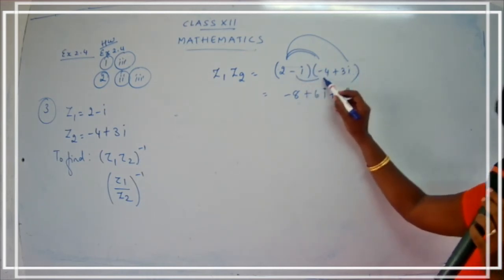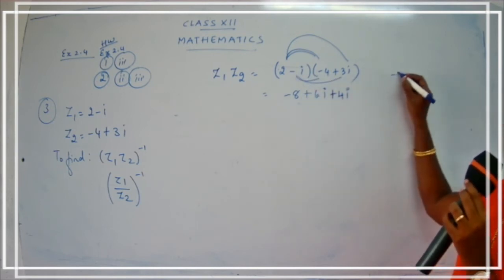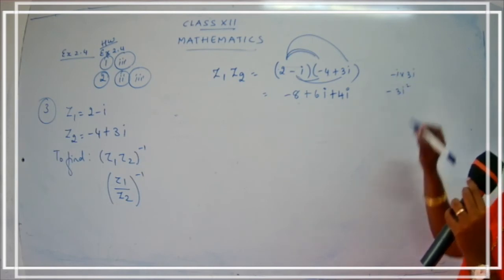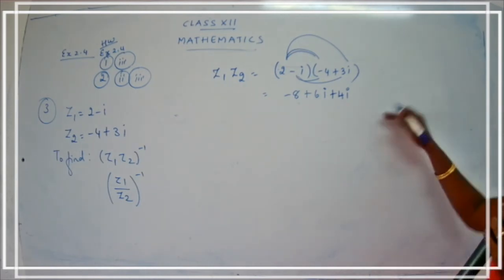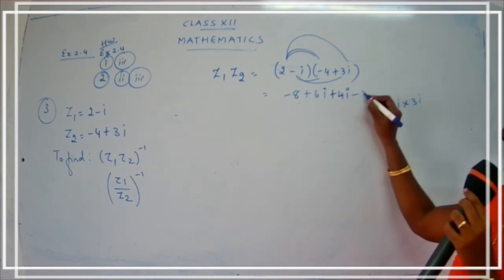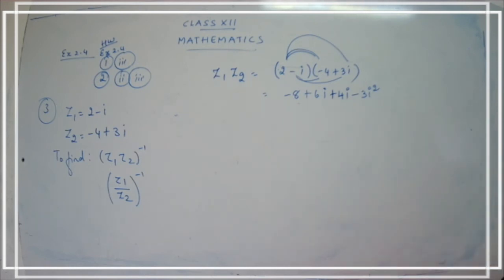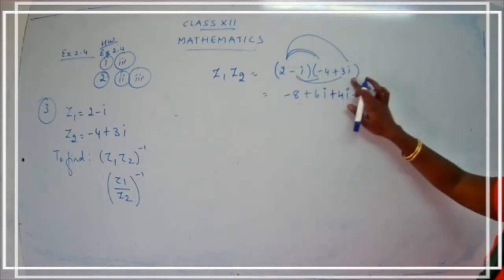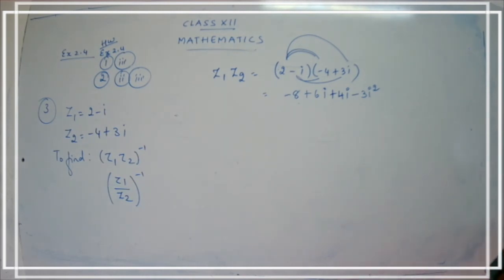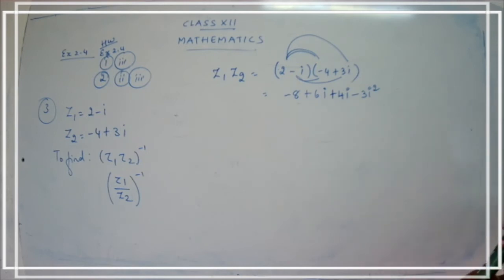Minus i into minus 4, plus 4i. Minus i into 3i, minus 3i square. I'll just do the expansion over here. Minus i into 3i. So what do you get here? Minus 3i square. Clear? You people will make a mistake over here only. So you have to be very, very careful when you do the multiplication part.